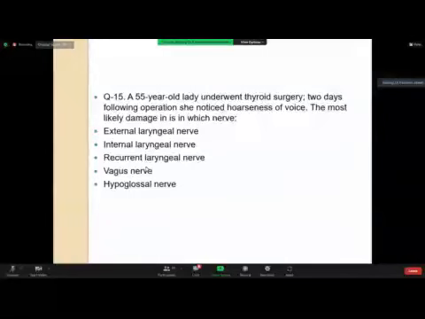The cricothyroid is supplied by the external laryngeal nerve, the external branch of the superior laryngeal nerve. Good. Thank you so much.